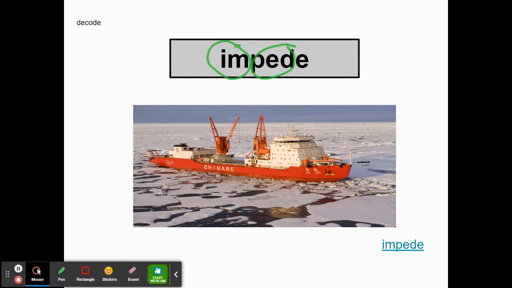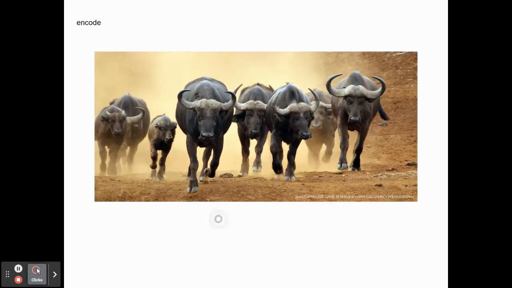We don't necessarily always travel by foot, but the ped or pede is going into maybe more of a root meaning to travel. So something is unable to travel because something impedes, it's in the way of your ability to travel. I'm going to erase this.